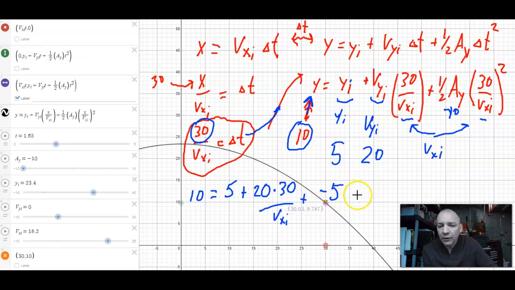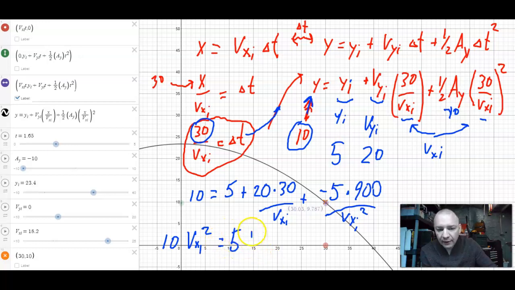Well, 30 squared is just going to be 900. All right, and then over here, we got vxi squared on the bottom here. So now this is not looking too bad here. We got our variable in the bottom. Let's clear that out by multiplying both sides by vxi squared. And when we do that here, we get 10 vxi squared equals 5 vxi squared plus 20 times 30 is just 600.